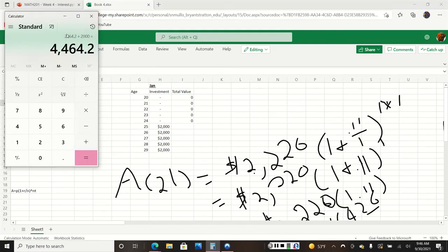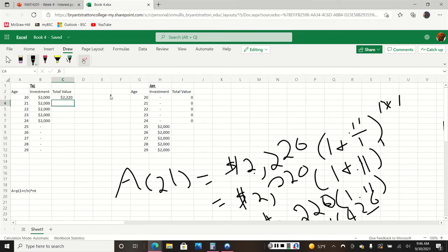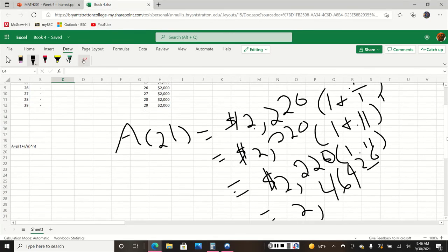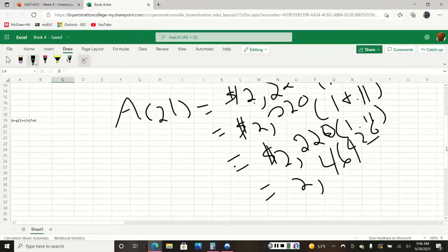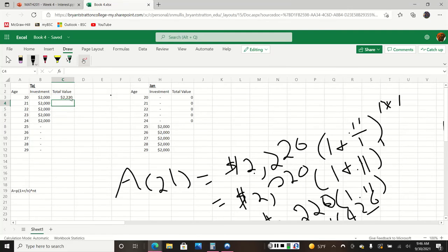So that makes the total value $4,464.20 because you're adding the investment plus that amount that accumulated because you're still making money off of this $2,220.